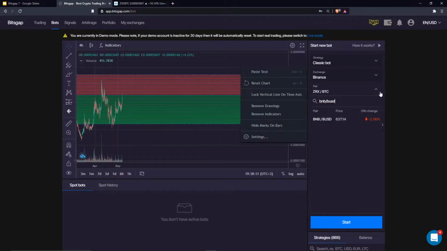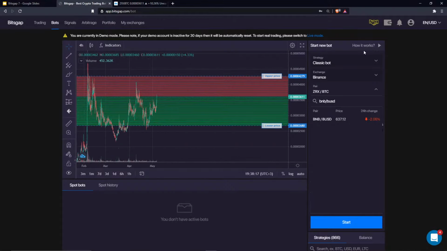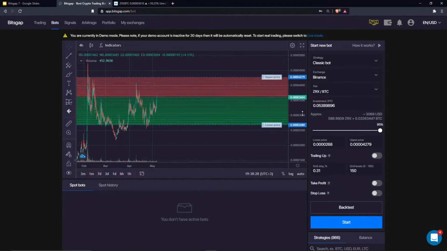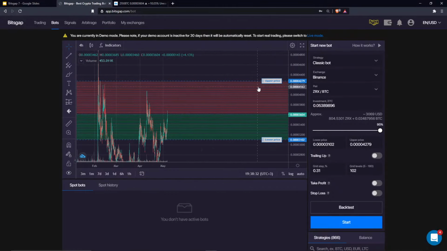Yeah, the built-in risk management advantage of Bitsgap automated bots is that you never enter the market by 100%, because you see, in this configuration, you have these buy limit orders and limit sell orders.